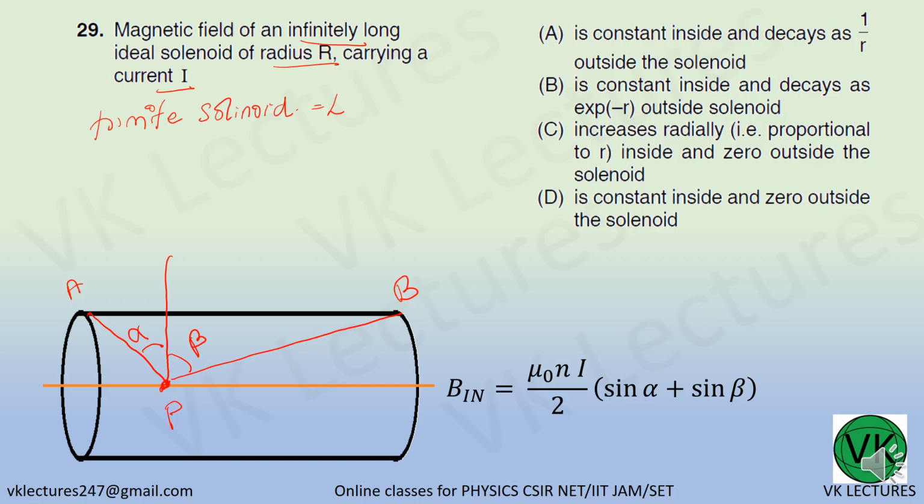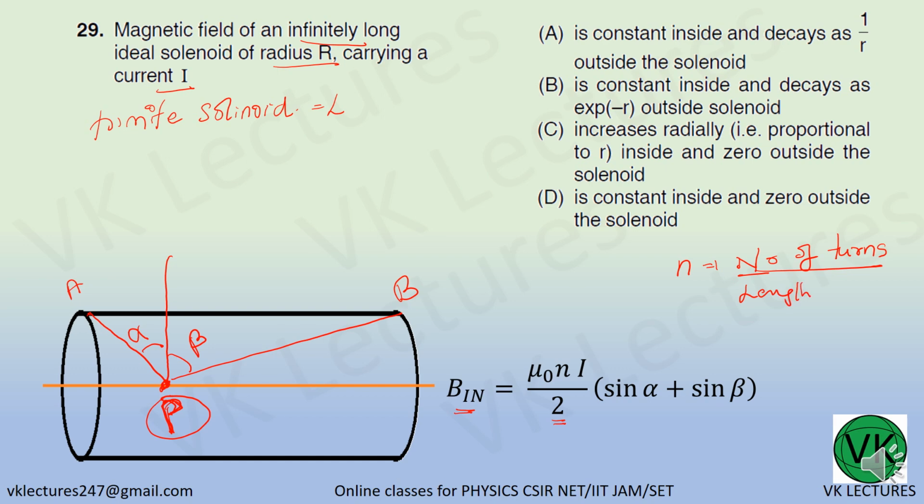Then the magnetic field inside the solenoid at a point P, that means B inside is given by mu naught n I times sine alpha plus sine beta by 2. Now what is this small letter n? n is number of turns, that means number of turns divided by length.